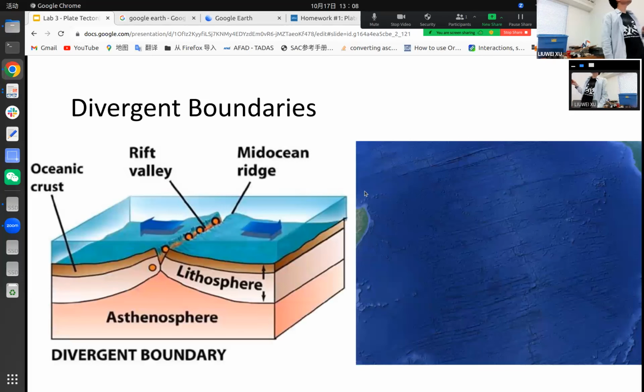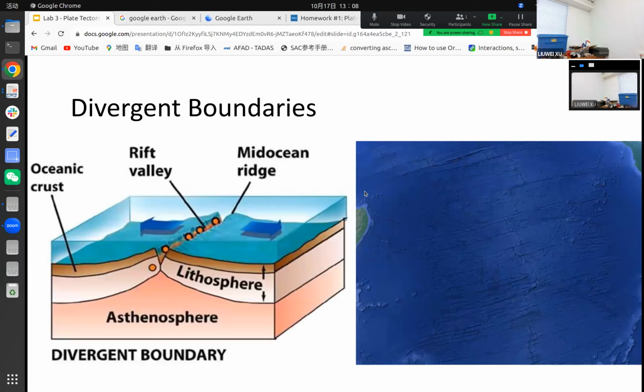Let's first take a look at one example of divergent boundaries. This is a figure showing the mid-ocean ridge, which is the divergent boundary appearing at the middle of the ocean. At the asthenosphere, which is beneath the lithosphere, we have some mantle materials going up.